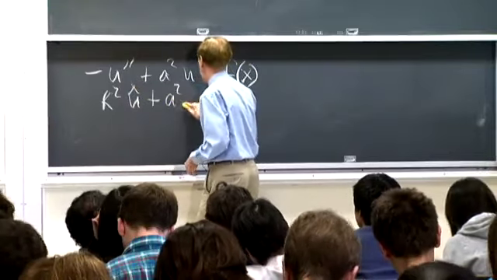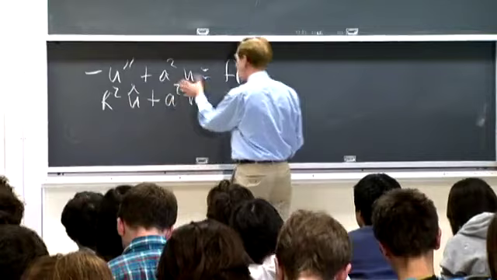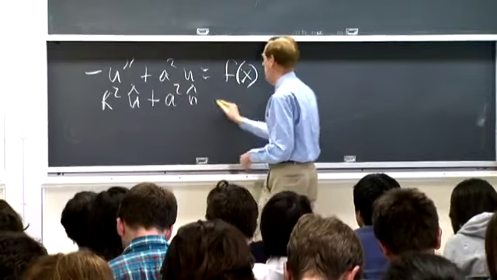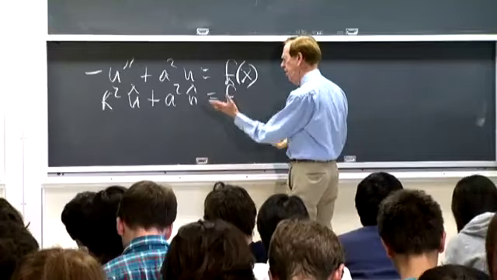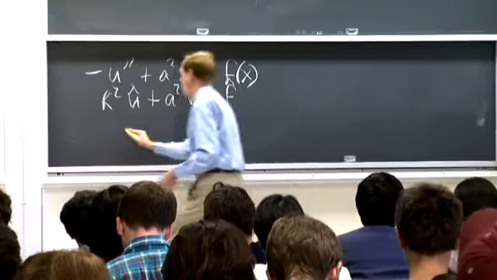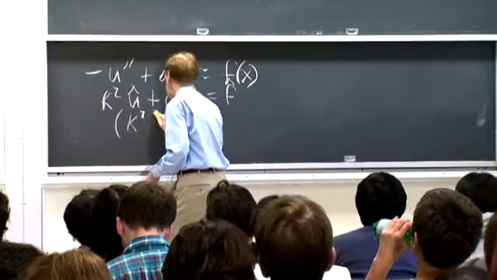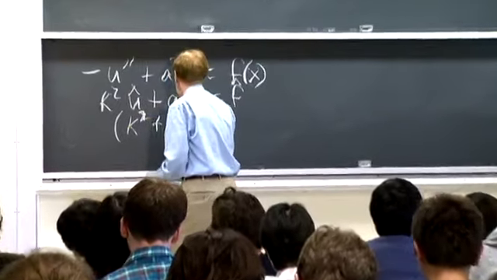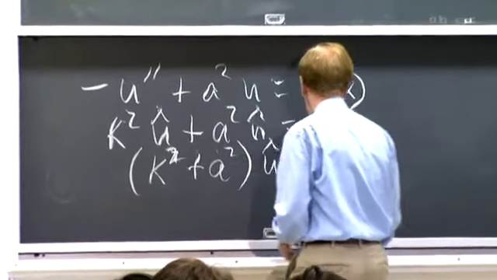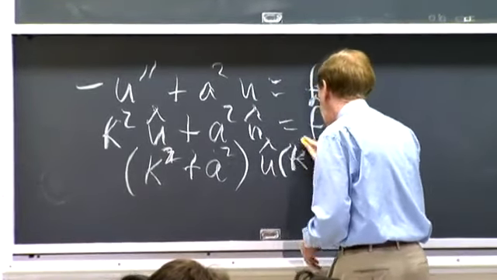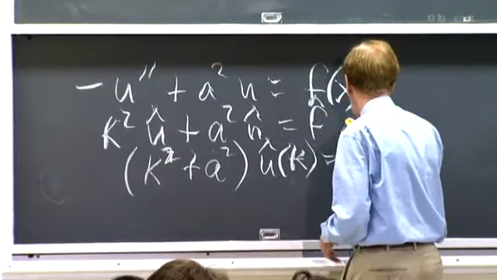This is the transform of ordinary a squared u, just a squared, and this is f hat. So we've got into frequency space where we're just seeing a multiplication, k squared plus a squared times u hat of k equals f hat of k.